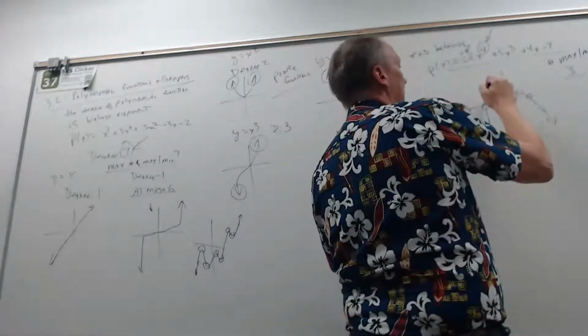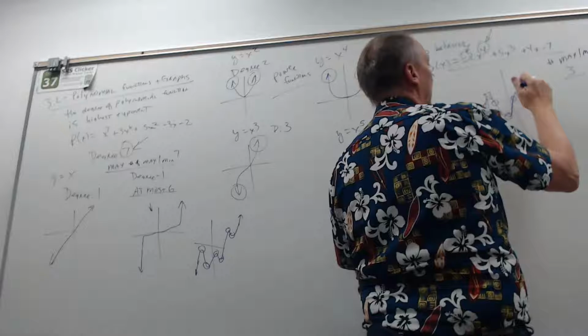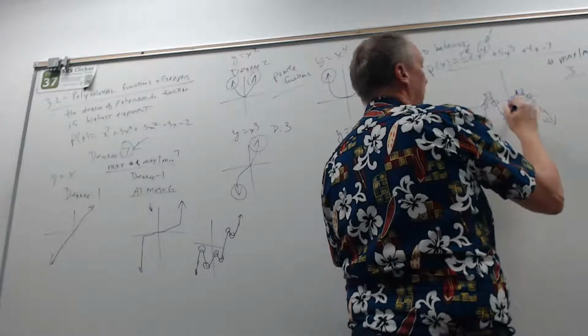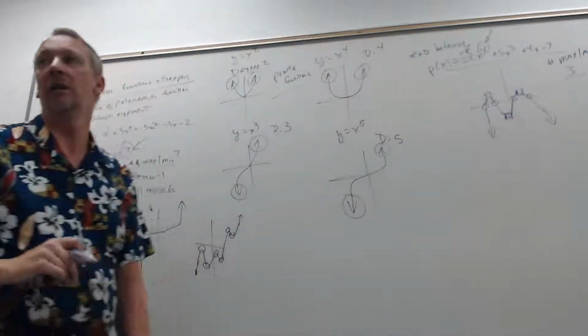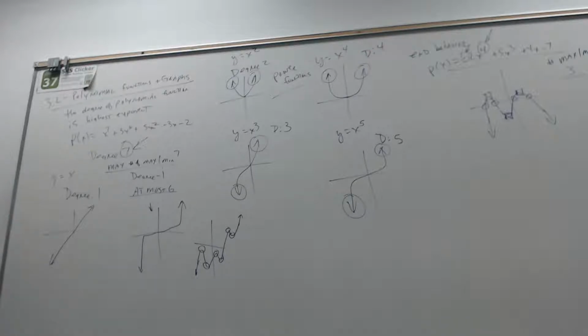Okay. The maximum and minimum, that's how much it could have, not saying it will have that many? Correct. At most. It won't have more than that, it could have less. Okay? All right.